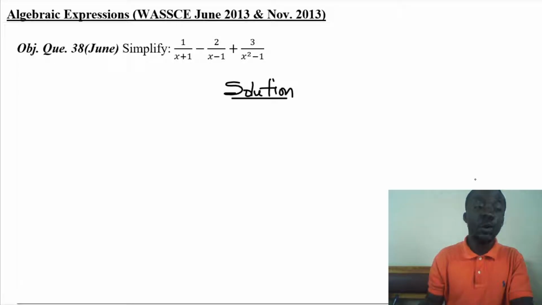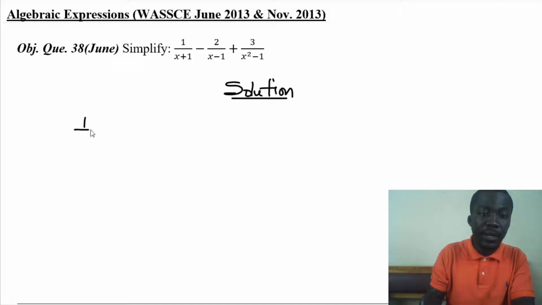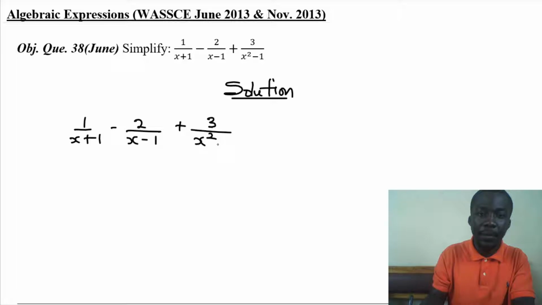Our solution to objective question 38, June, which says we should simplify 1 out of x plus 1 minus 2 out of x minus 1 plus 3 out of x squared minus 1.